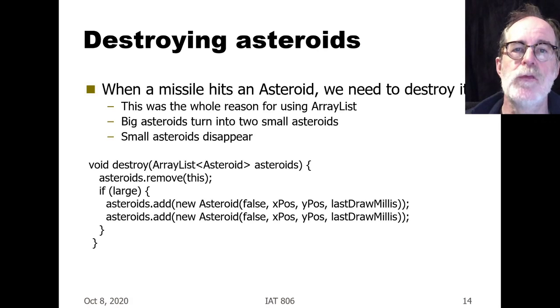So here's how we're going to accomplish that. First, we take the container, which is typed to be asteroids, and we just say asteroids.remove, and that's the remove call for the ArrayList, this.